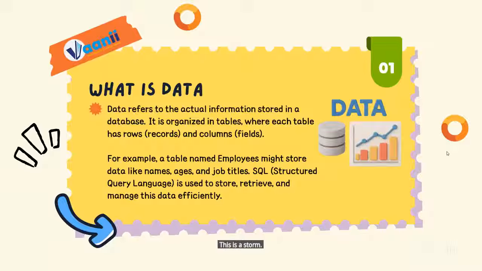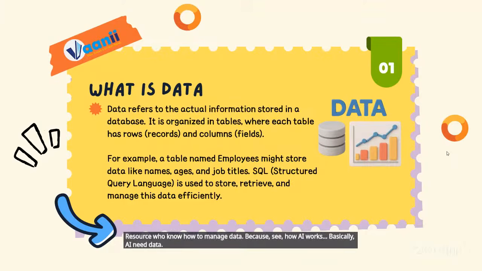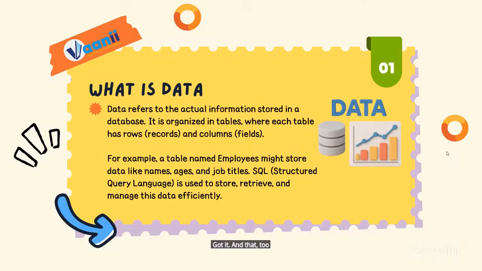Which resource? The resource who knows how to manage data. Because see how AI works: AI needs data, and that too a huge volume of data. So that's where SQL comes into the picture. That's the back end of AI, and the front end of AI is Python. So whoever knows both, their job will be very much secured.